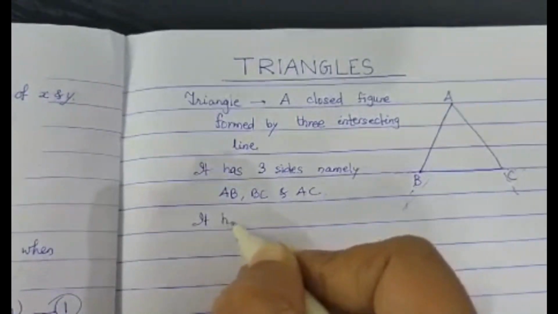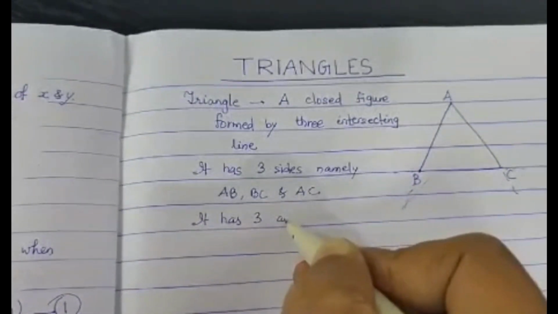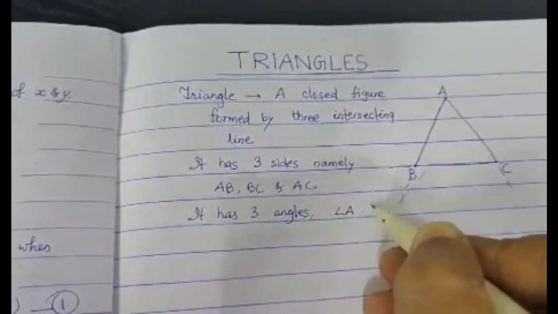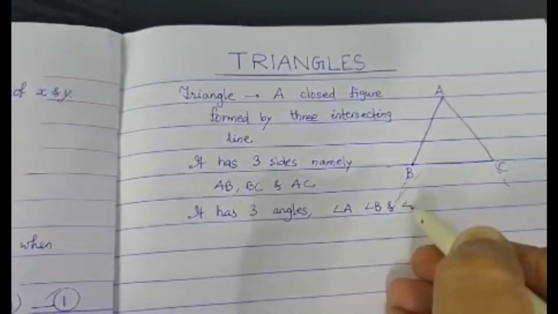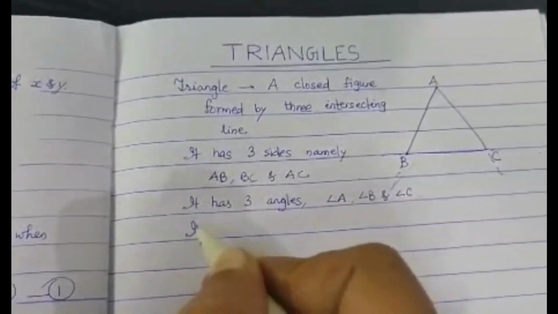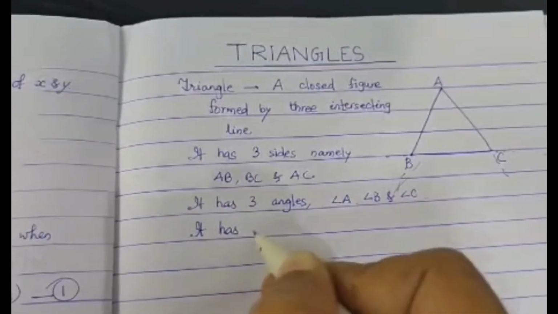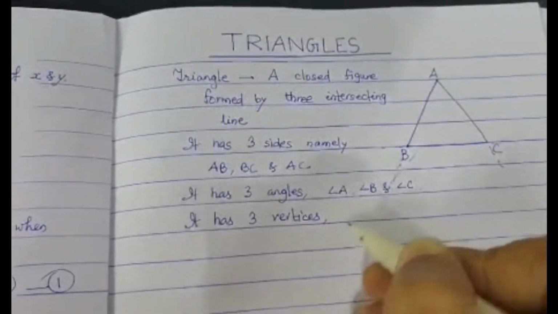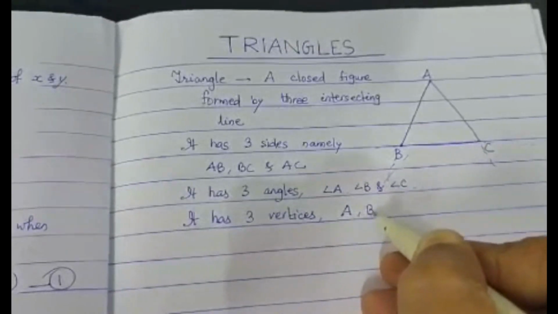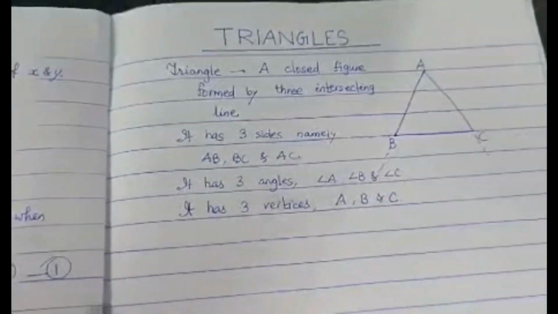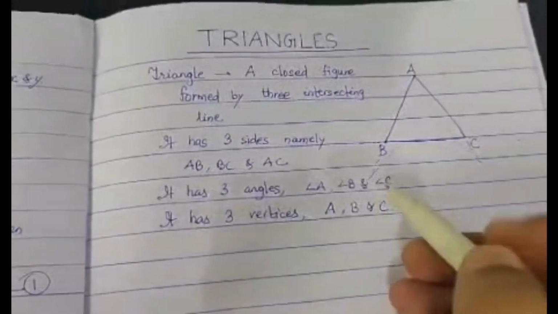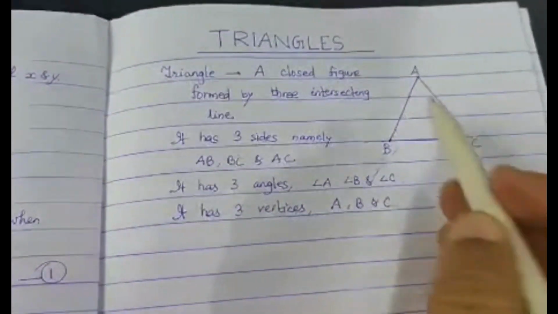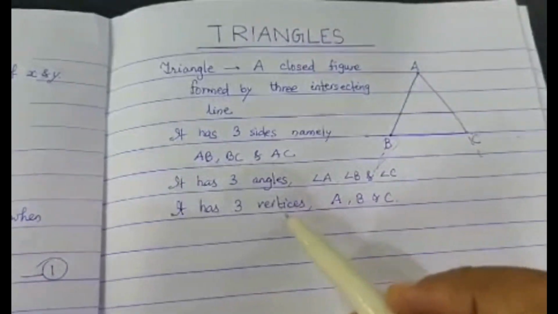It has three angles. What are the angles? Angle A, angle B and angle C. All right. It has three vertices. What are the vertices? Vertices A, B and C. So this is all about a triangle. A closed figure formed by three intersecting lines is called a triangle. It has three sides, three angles and three vertices.